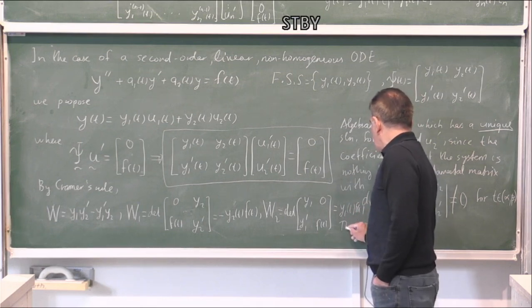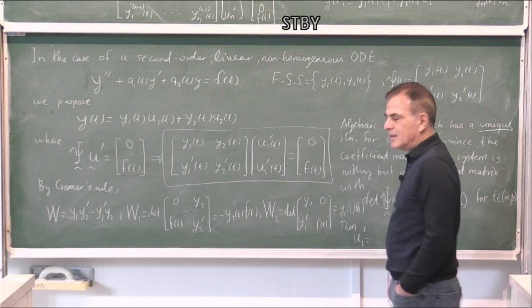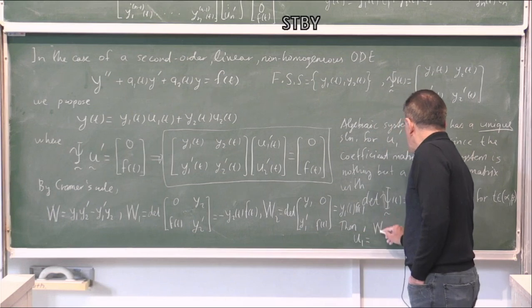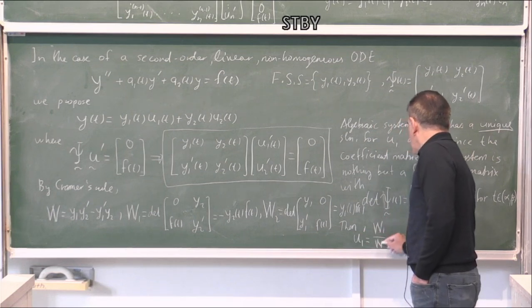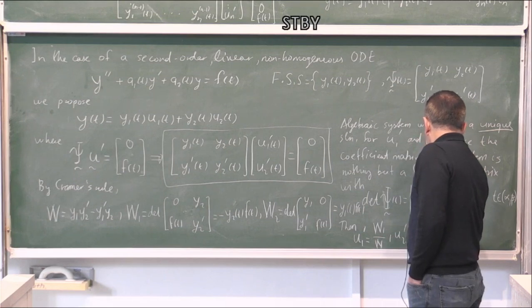Then u1 prime is omega 1 over omega, and u2 prime is omega 2 over omega.